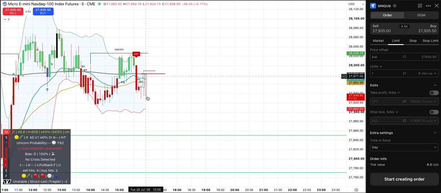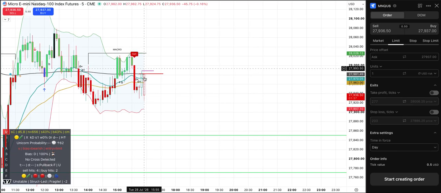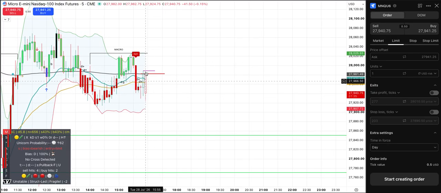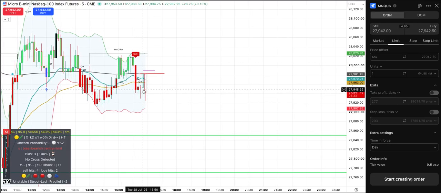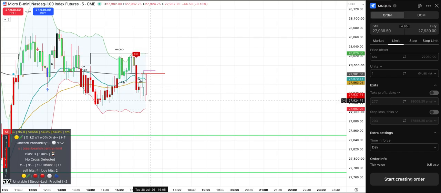Now you're waiting to see what happens. And as you can see, this was your confirmation. This is your A1 candle, and your A1 candle looks like it's probably going to close below this up candle here. And if it does, as long as it closes below here, this is the candle for you to enter on.